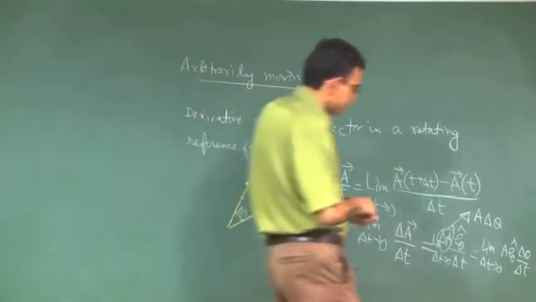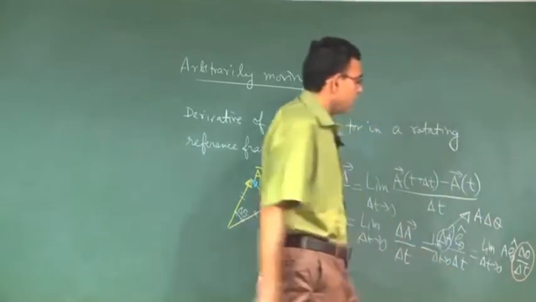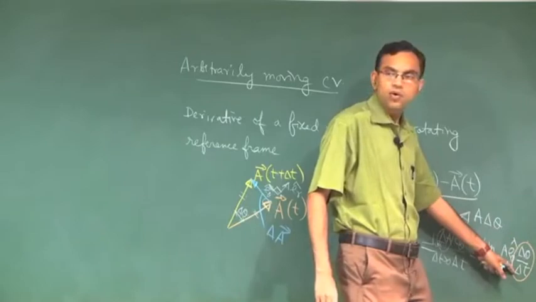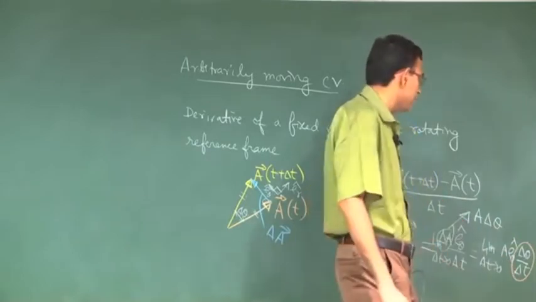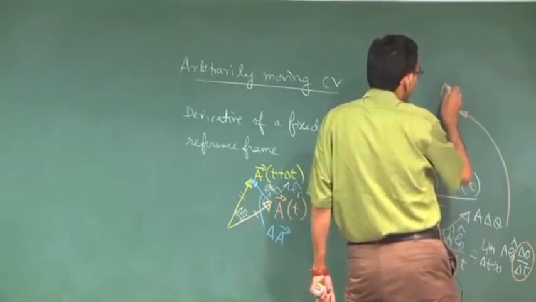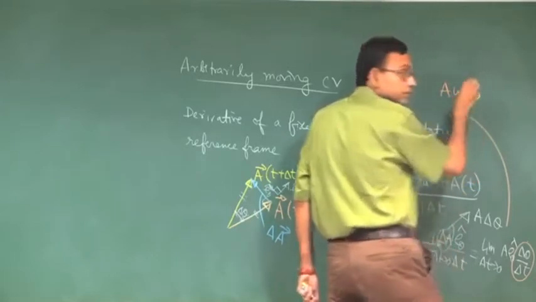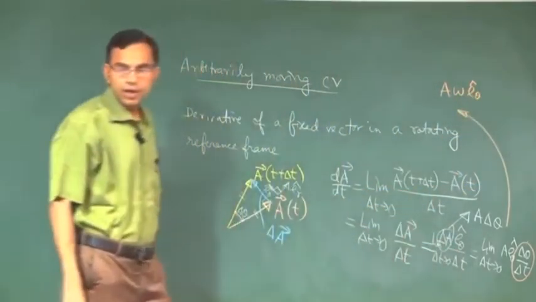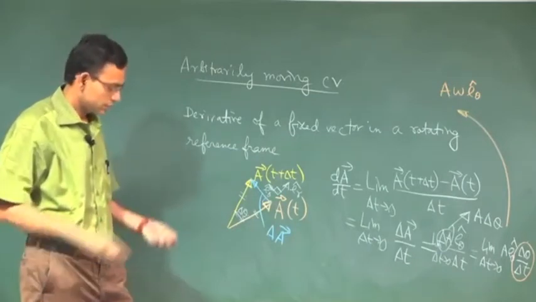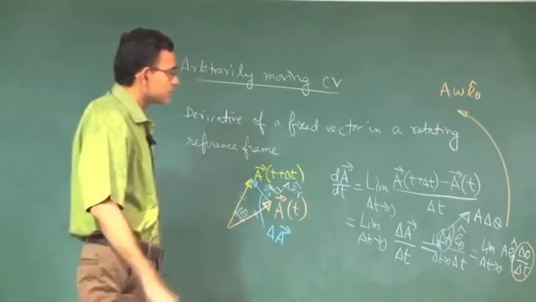By definition, the limit as delta t tends to 0 of delta theta by delta t is omega, which is the angular speed. So this becomes A omega e_theta. Okay.